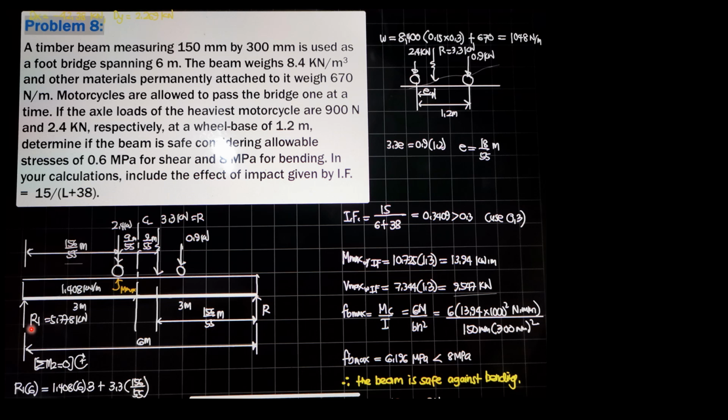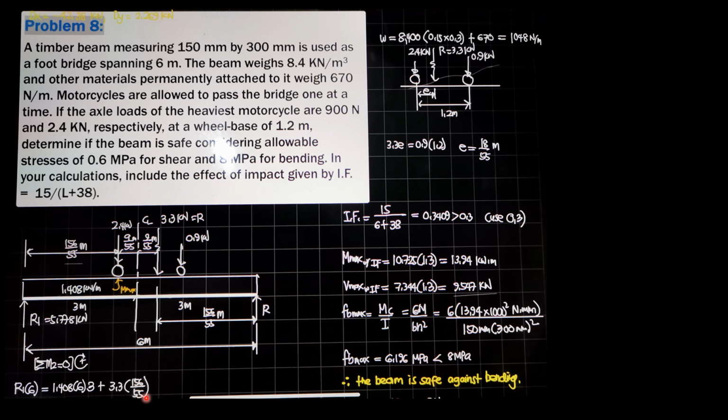So we compute for R1 because we want to solve for the maximum moment. Summation of moments about this end there, you may call this R2, so about R2 equals 0. So R1 times 6 equals uniform load first, 1.409 times 6, moment arm 3, then plus R, 3.3 times 156 over 55.